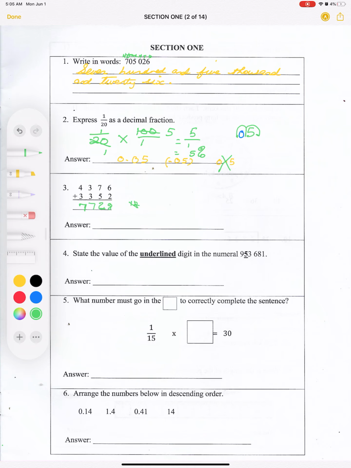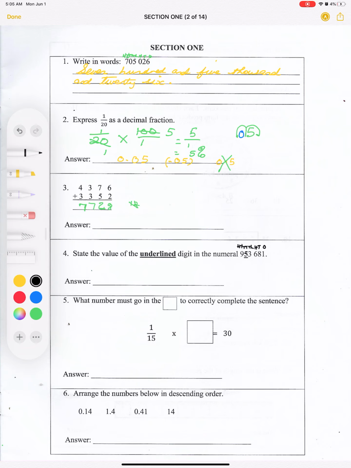State the value of the underlined digit. Once again, place your matrix. You have ones, tens, hundreds, thousands, tens of thousands, hundreds of thousands. So the 5 falls under tens of thousands.